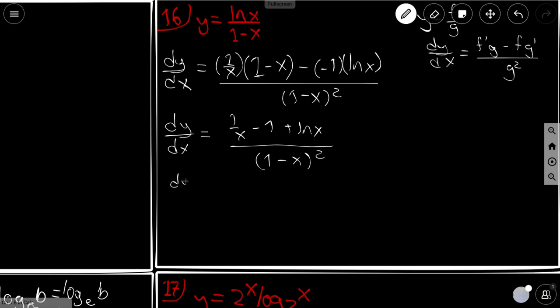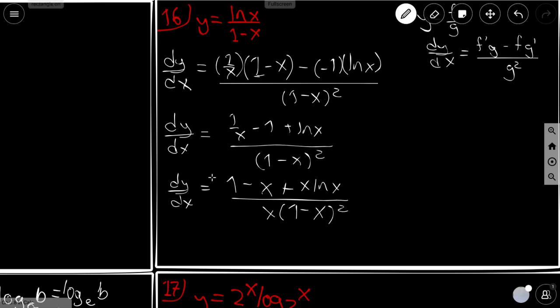So if I multiply 1 over x by x, it's just going to be 1, and then I need to multiply all the terms. So 1 minus x plus x ln x. And I also have to multiply the denominator, so it's x times 1 minus x squared. So then that right there is our answer.